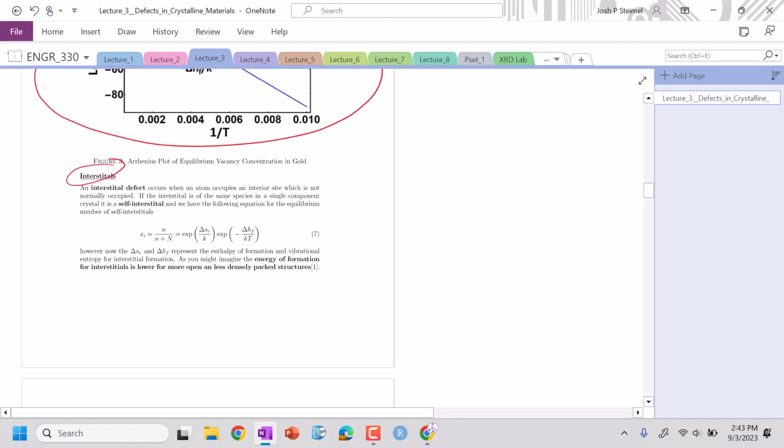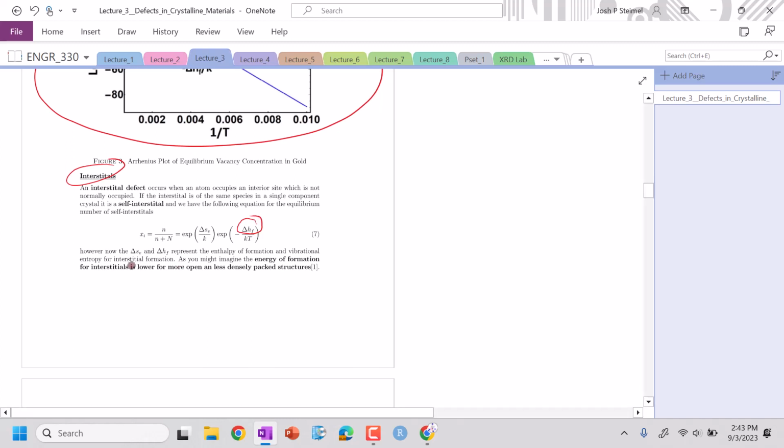Interstitials, we've talked about, have a very similar relationship as well. One of the key things that is different is that this delta H is the enthalpy of formation to create a self-interstitial.